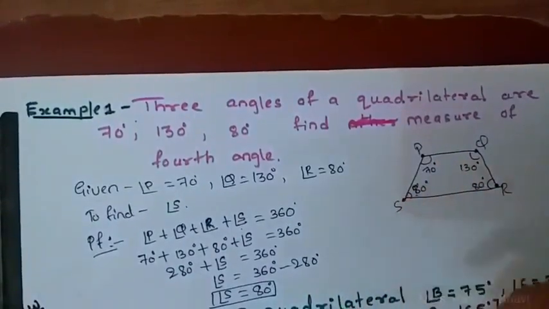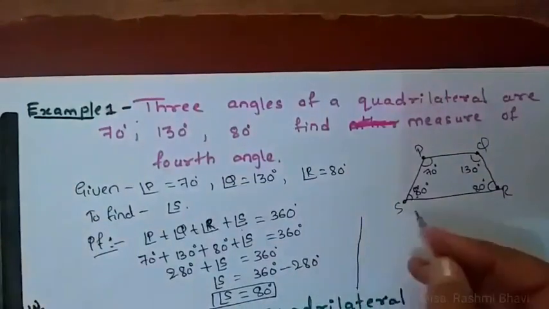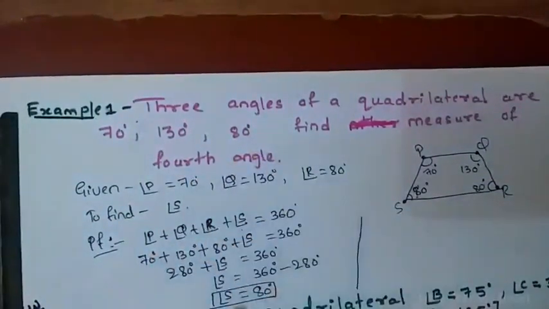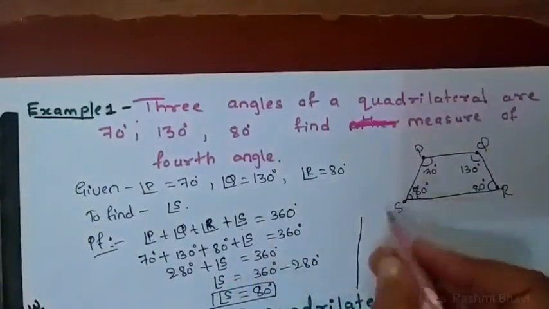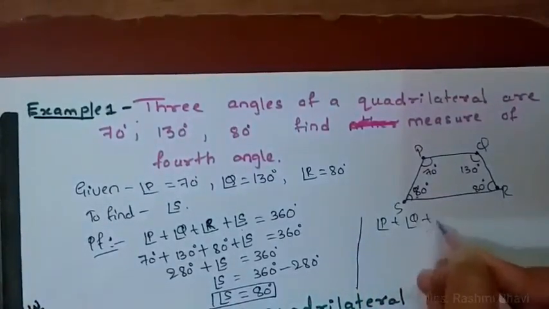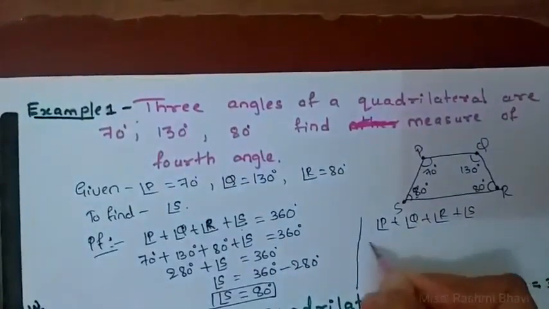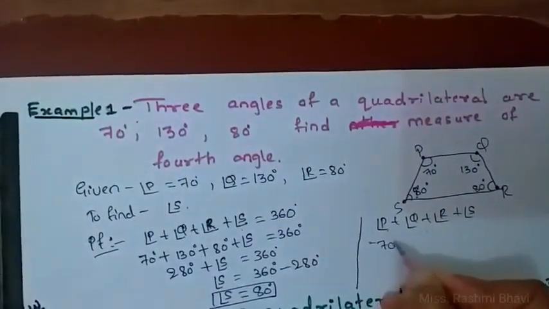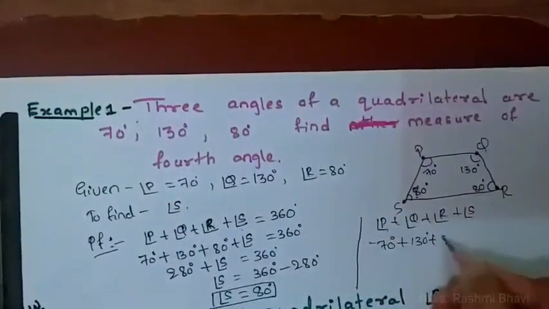Just cross verify this answer. Here we have to find the fourth angle. The fourth angle value is 80 degree. Let's cross verify this solution. Angle P plus angle Q plus angle R plus angle S. What is the value for angle P here? 70 degree plus Q is 130 degree plus R is 80 degree and S is also 80 degree.